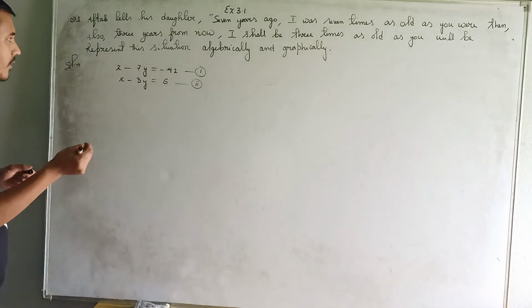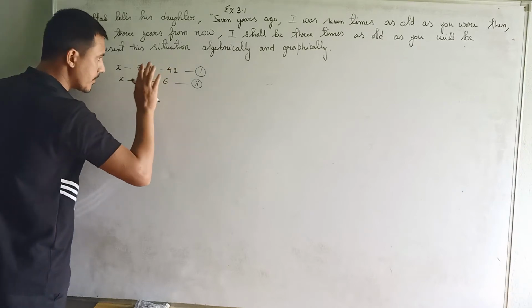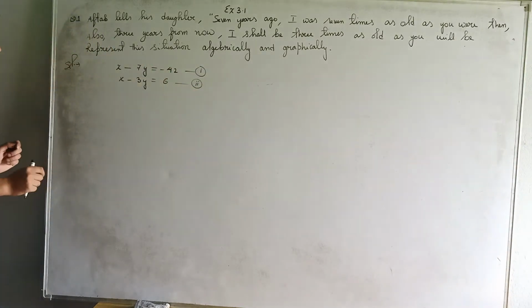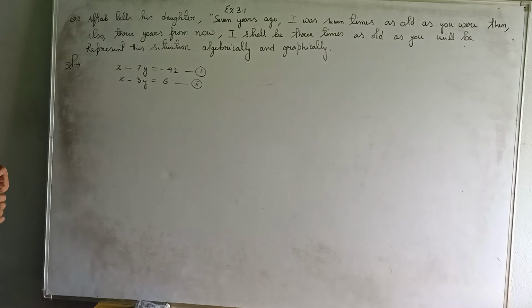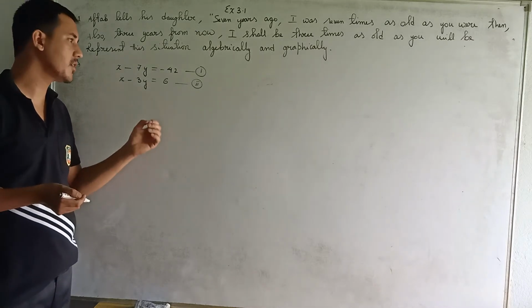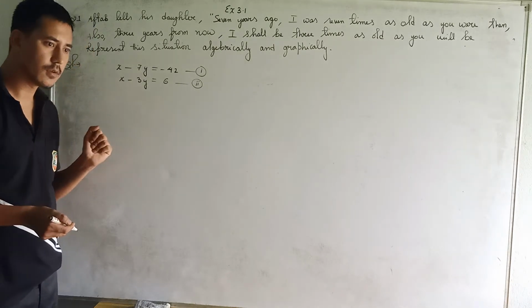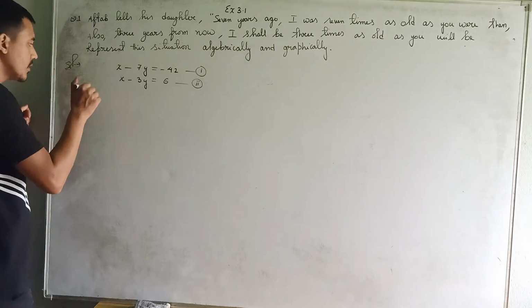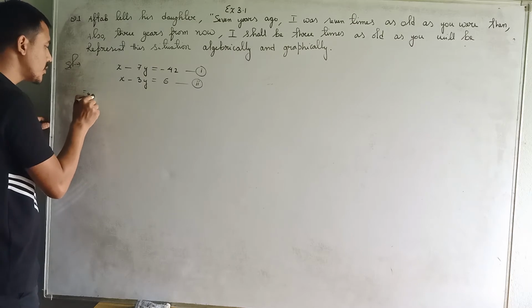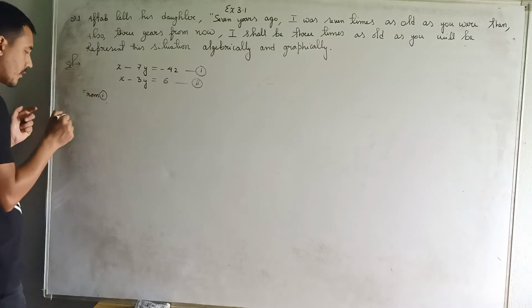You see very carefully. Both equations 1 and 2 are linear equations in two variables. Whenever we draw the graph of a linear equation in two variables, we always get a straight line. So from equation 1, let me draw the graph.